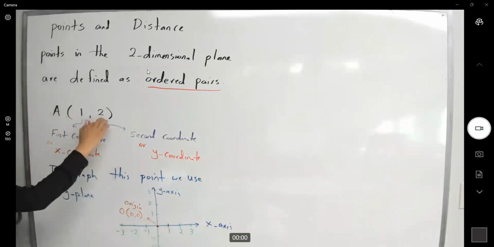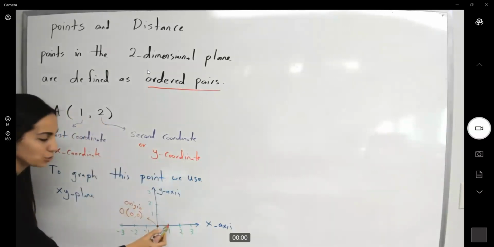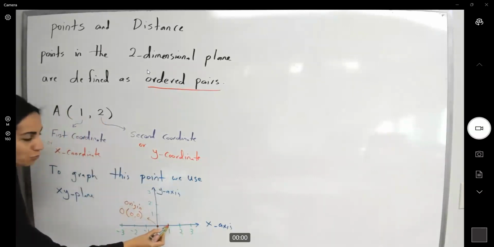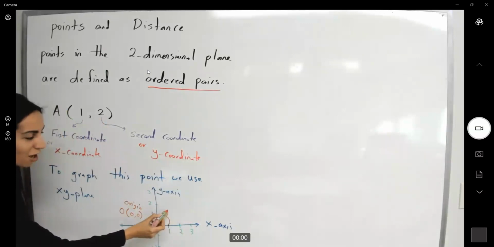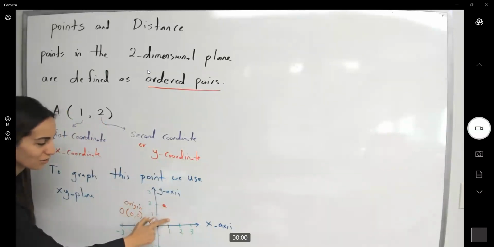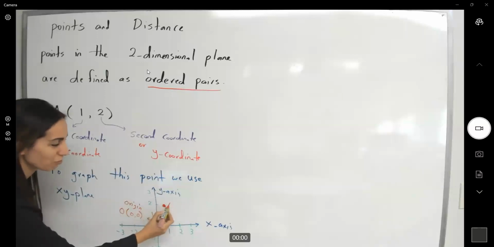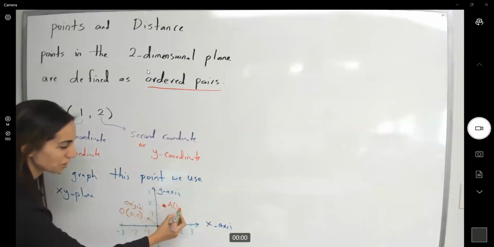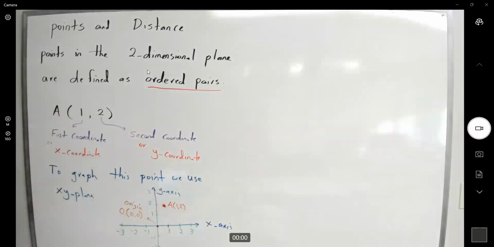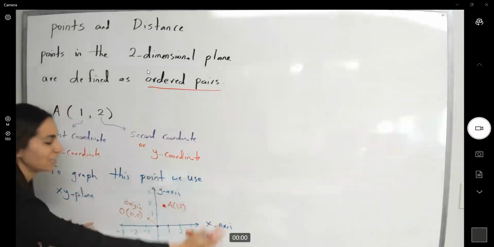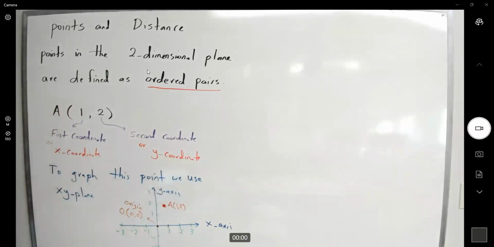But what should I do with the second coordinate? The second coordinate says, now that you are at 1, you have to move 2 units upward. So this is the representation of point A with first coordinate 1 and second coordinate 2. That's how I visualize this point in the XY plane.